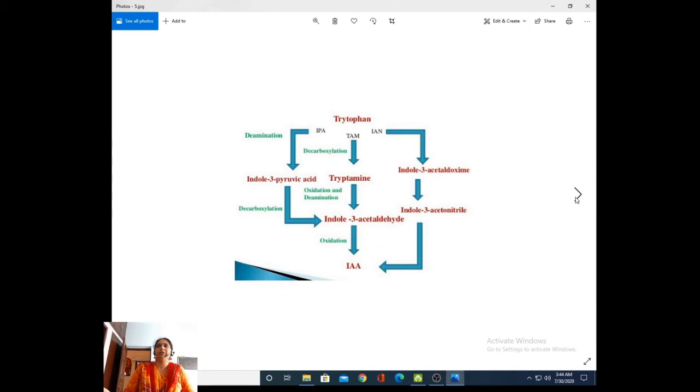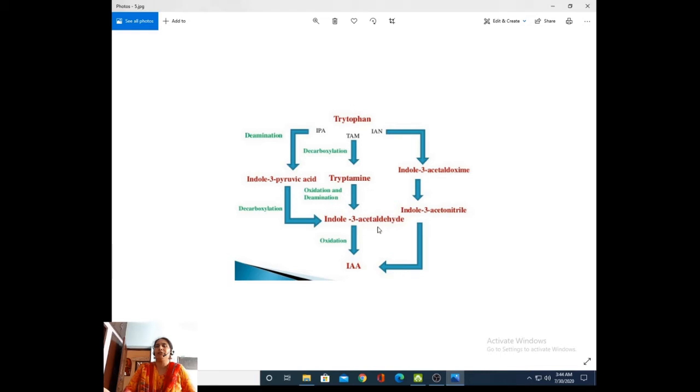Auxin is synthesized from tryptophan by three different pathways. Through the IPA pathway, that is indole 3 pyruvic acid, through deamination and decarboxylation reactions. Second pathway is the TAM pathway, that is tryptamine formation.